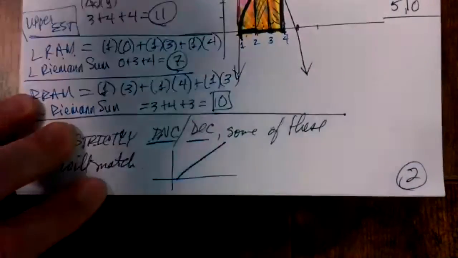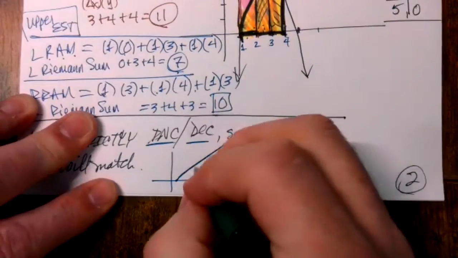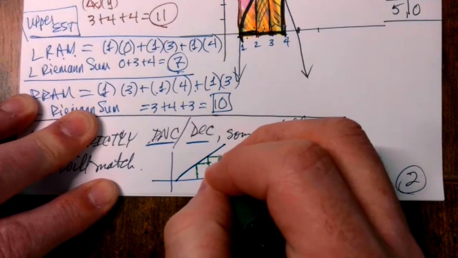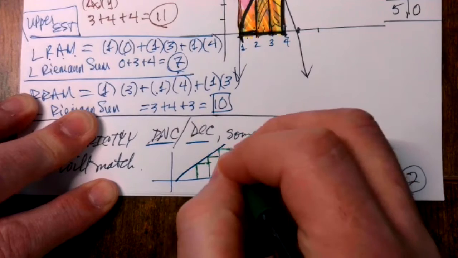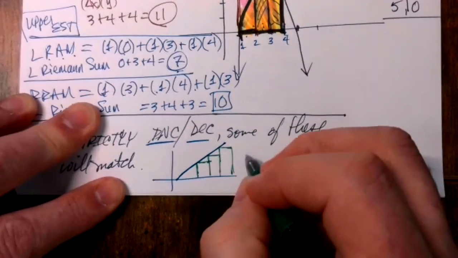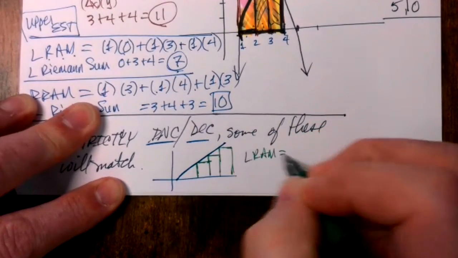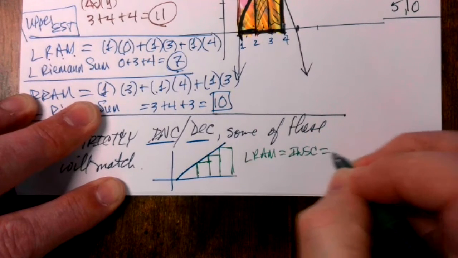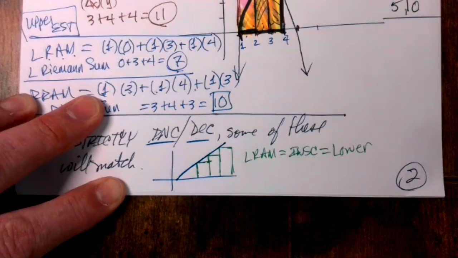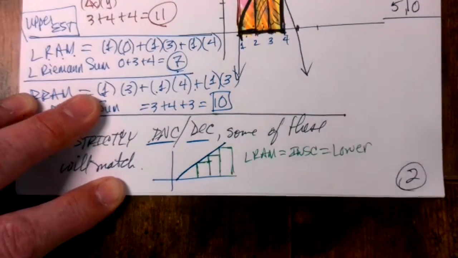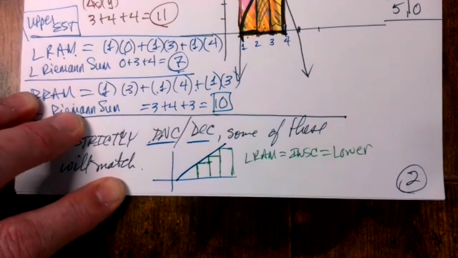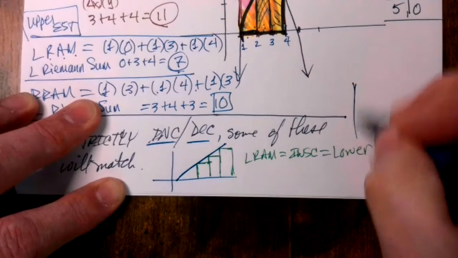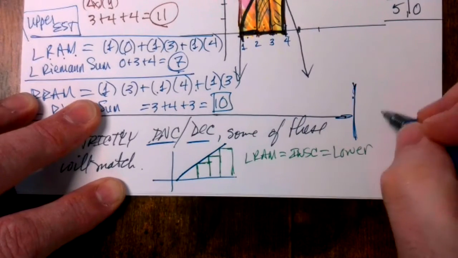If I have something strictly increasing, and if I draw left RAM, also known as left Riemann sum, if it's strictly increasing, then left RAM will be equal to the inscribed, which is the lower estimate, because that just happens to be where the corners hit. I don't think you want to memorize these ideas. I'm just throwing them out there for food for thought.